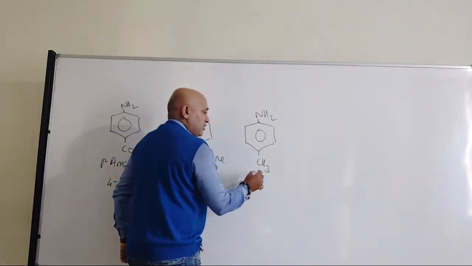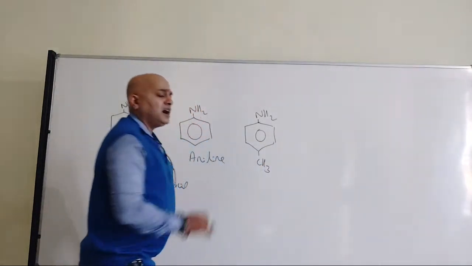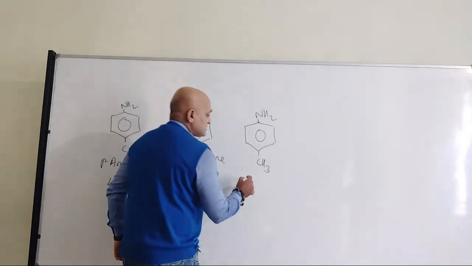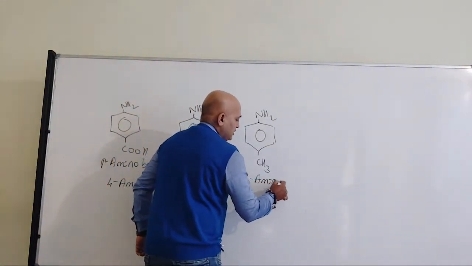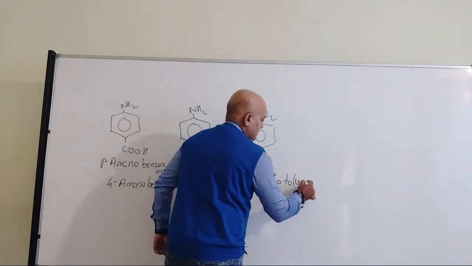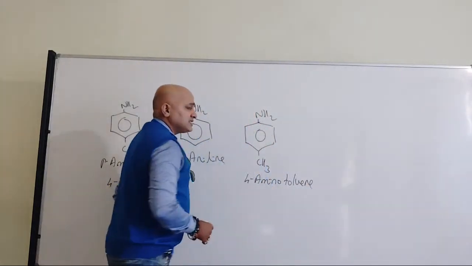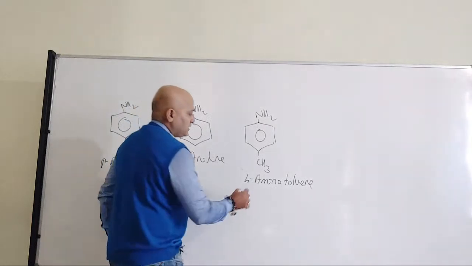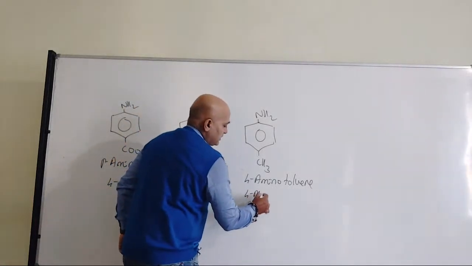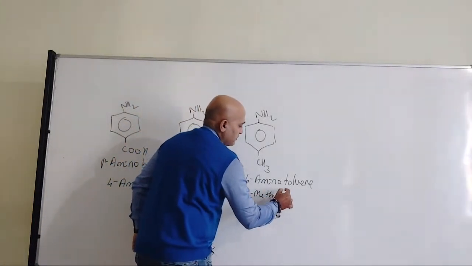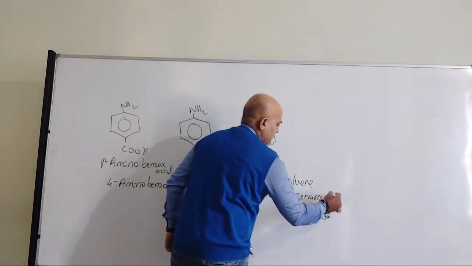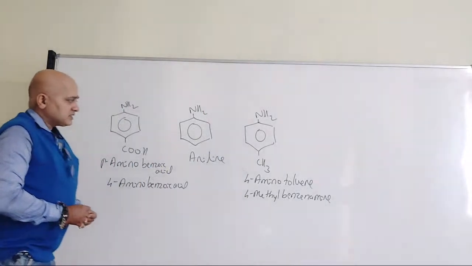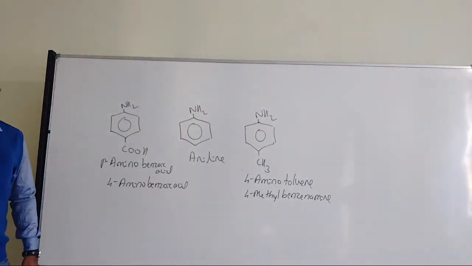Now here it can be called as toluene derivative or amino derivative. If I consider it as toluene derivative, then 4-amino toluene. Otherwise, if I consider it as aniline derivative, I can call it 4-methyl benzenamine. Anything is fine, benzenamine or aniline. So that's where I have the three molecules.